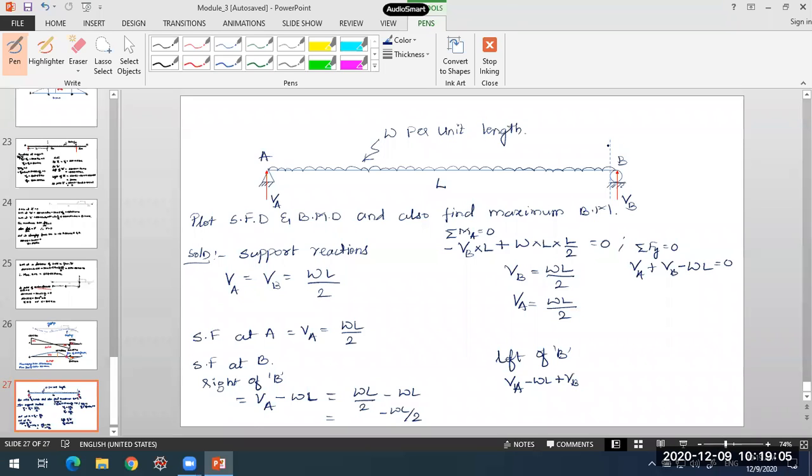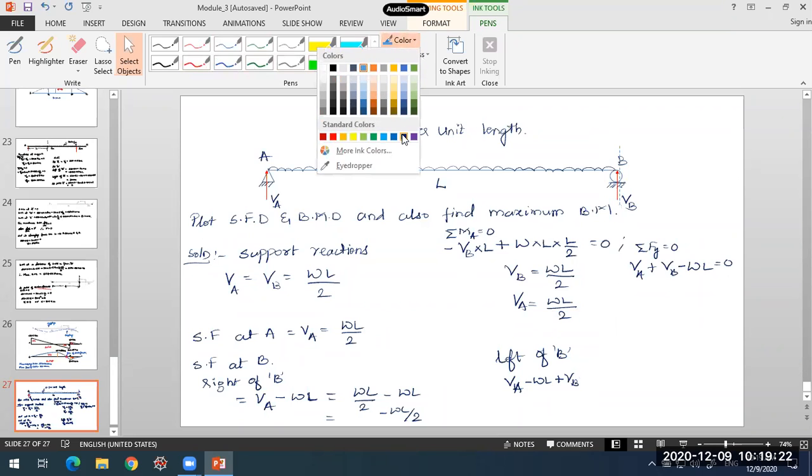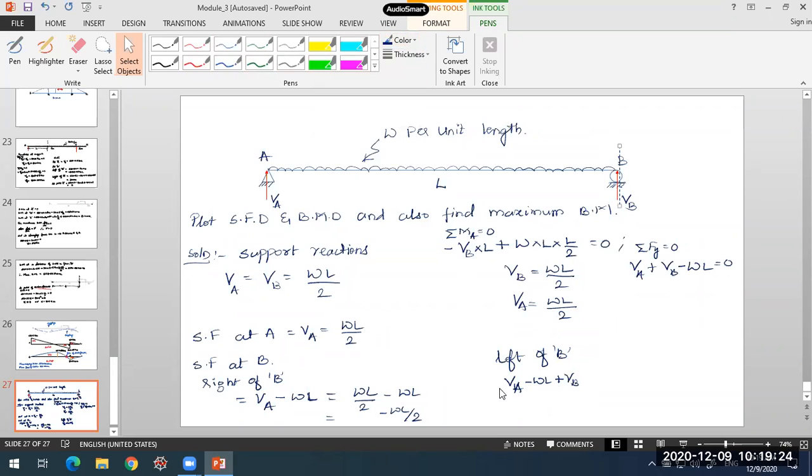Now I have crossed this support; I brought my section to the left of point B. This will be my total shear force over here. How much will that be? In this case, it will come out to 0.